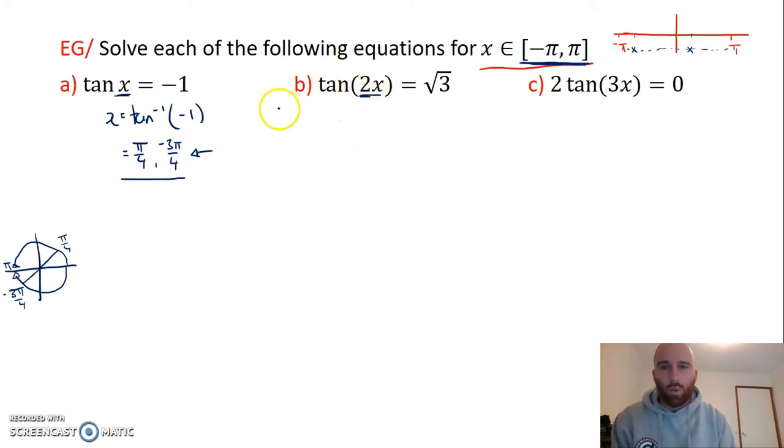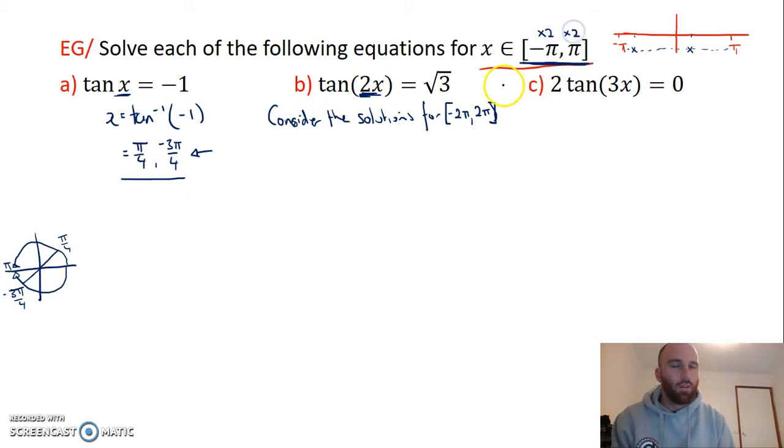So we need to consider the solutions for [-2 pi, 2 pi]. I've simply multiplied both ends by 2.